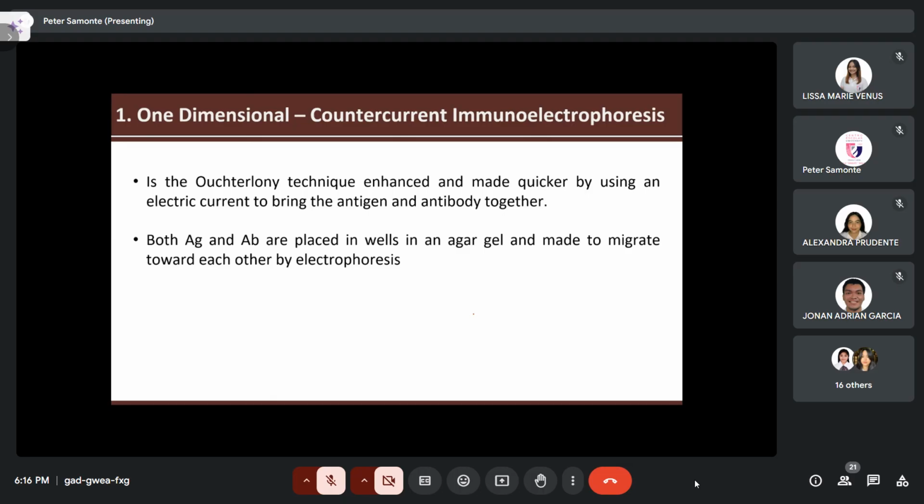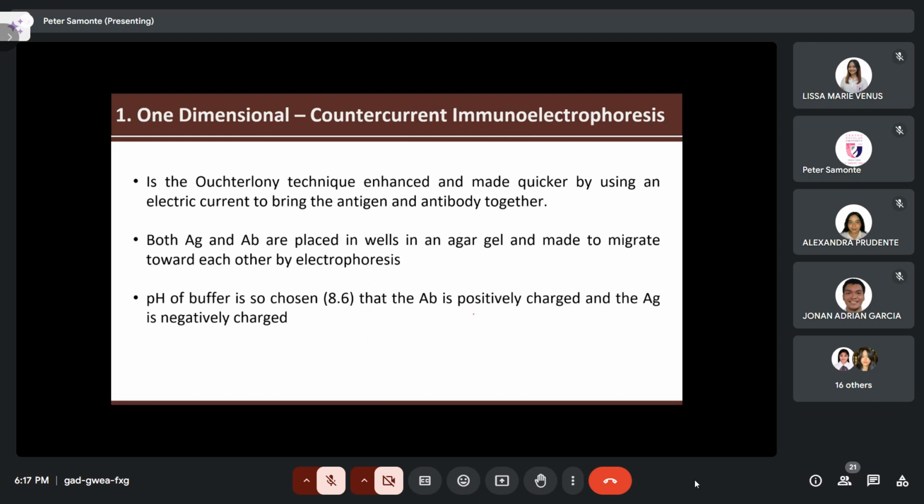Diba? If you remember sa Auster-Loney, gagawa ka ng plate, you would pour your media, then at the center well, andun yung antibody, and surrounding the wells you would also create wells and add antigens. Dito class, same lang din yung principle, but this time you would use an electrophoresis.